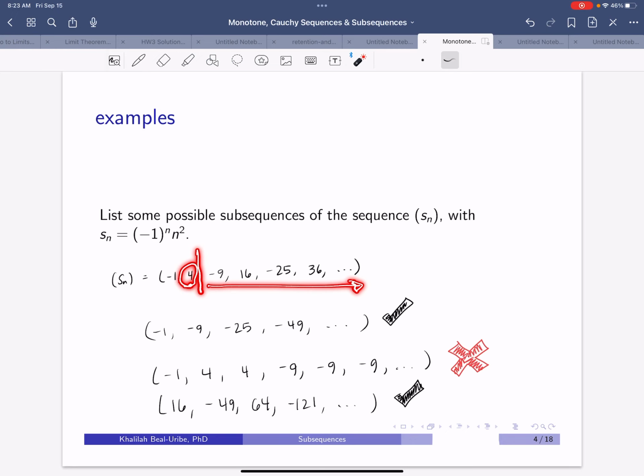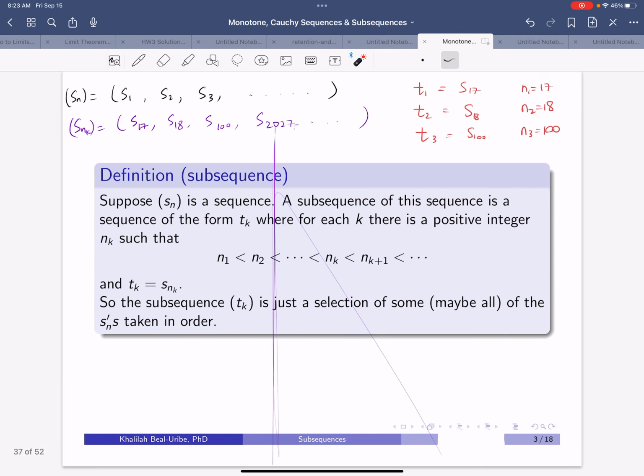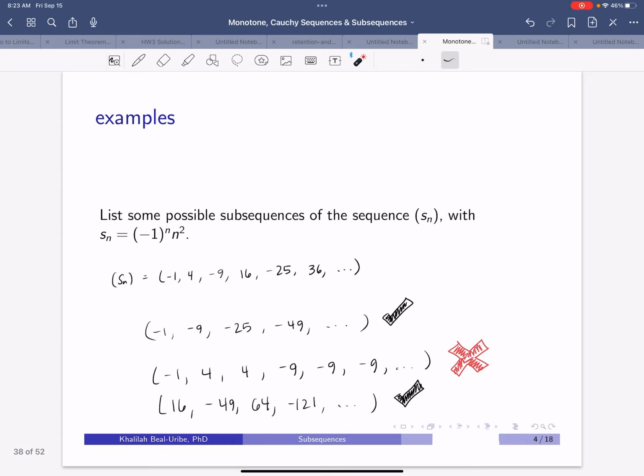So I'm not saying it right. What I want to say is these inequalities are strict. So you can't choose S sub 2 twice. Once you choose S sub 2, you have to move on and choose a term that's further down your sequence.